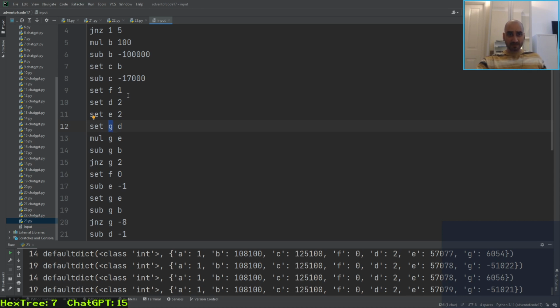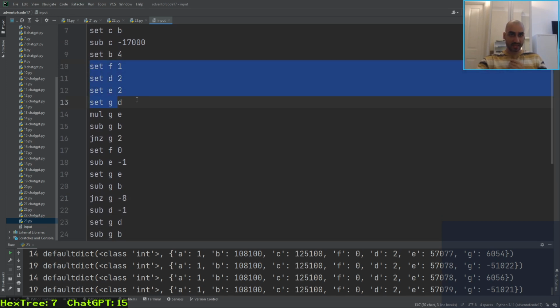So we might as well just skip ahead and set B here. Alter the input. Set B to be 4, because that's the only time anything interesting happens. And then all these get reset, so it's not like we care. We need to try running that.